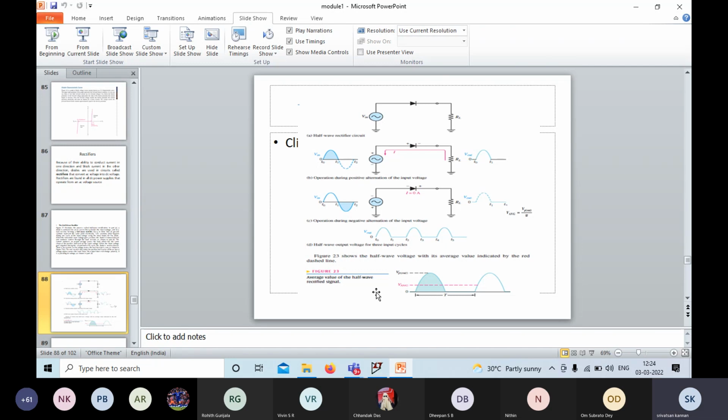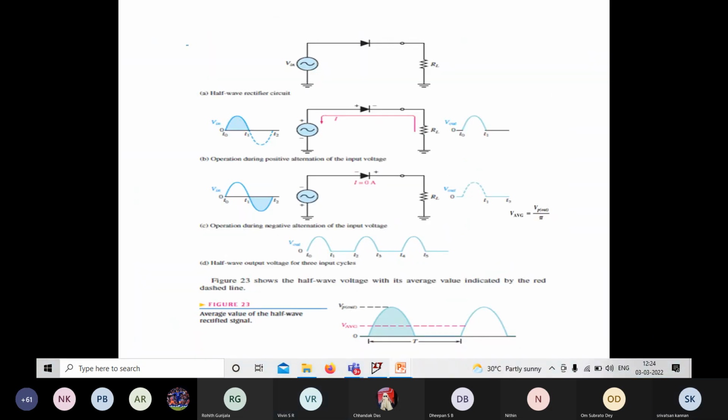Can you try this in LTspice? Connect this circuit and set the values of the power supply and resistance value. You can give it as 1K. Try to simulate it.